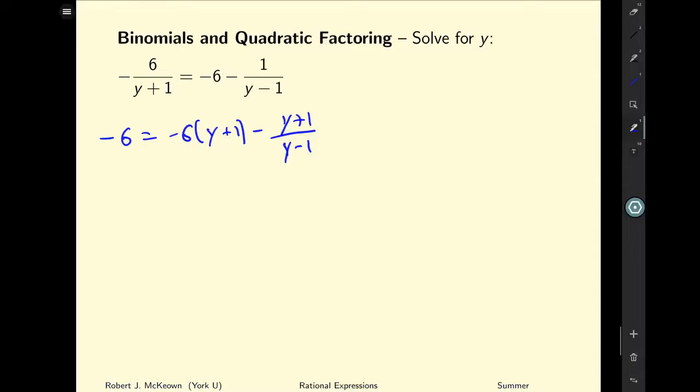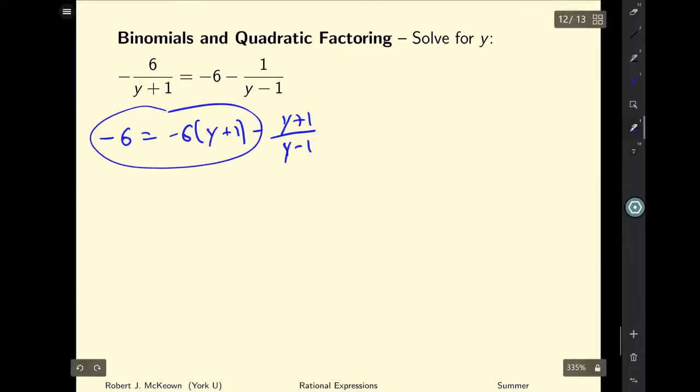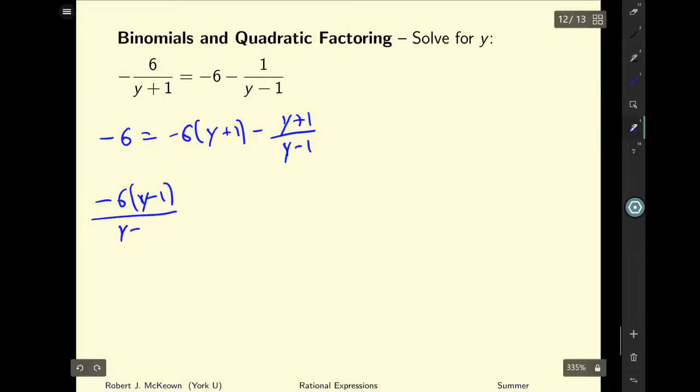When I multiply the numerator and denominator of these two by y minus 1, I get negative 6 (y plus 1)(y minus 1) over y minus 1 is equal to negative 6 (y plus 1)(y minus 1) over y minus 1 minus (y plus 1)(y minus 1).